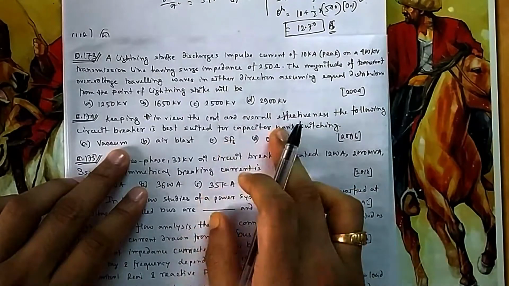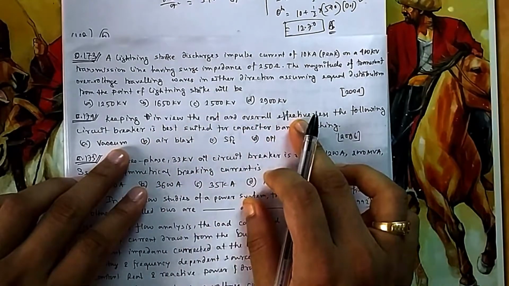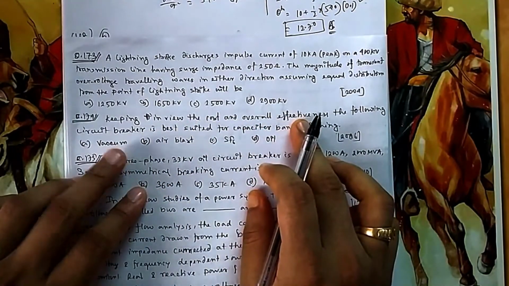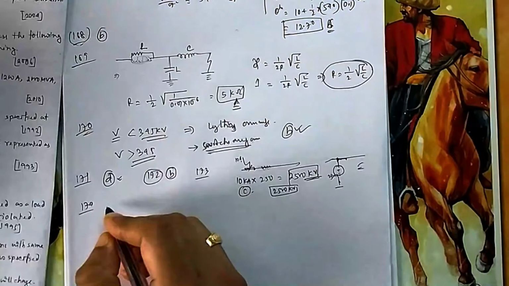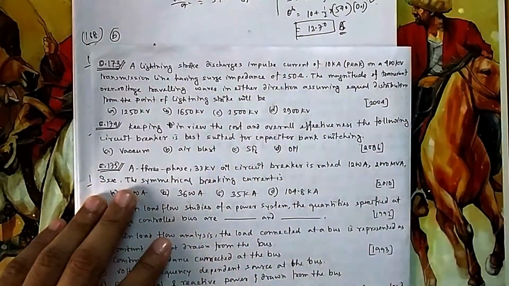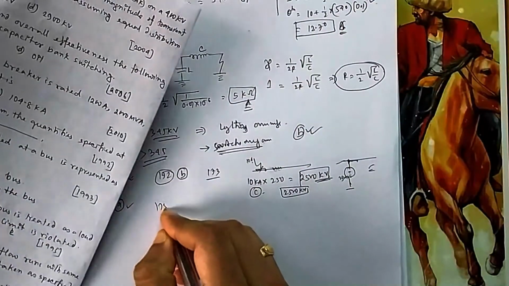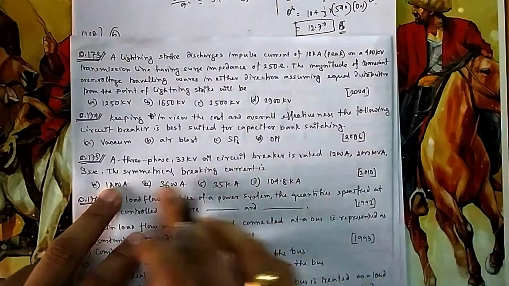Both can be used for capacitive bank switching. But if you see the overall effectiveness and cost, then it is always vacuum, because SF6 is more costly. So your answer is option A. We use vacuum and SF6 where very fast operation is needed, but SF6 is very costly.